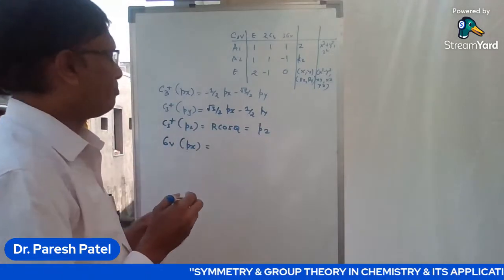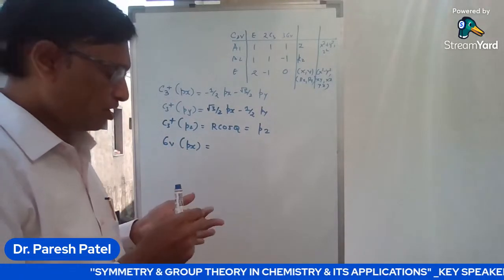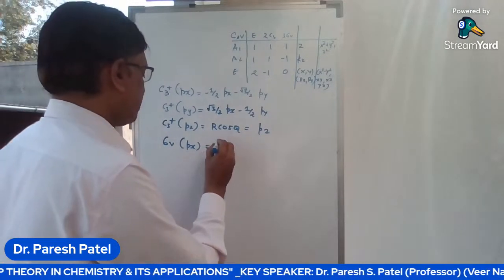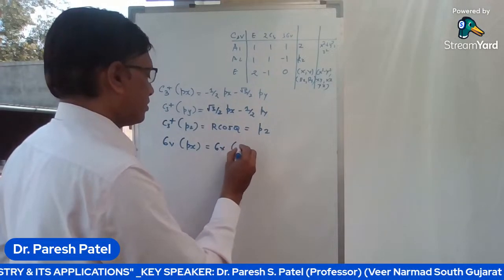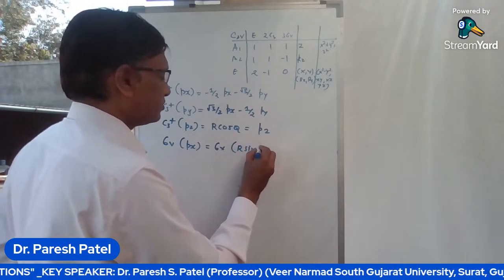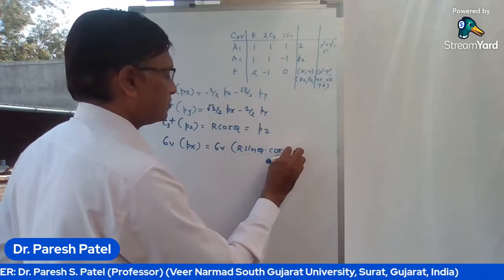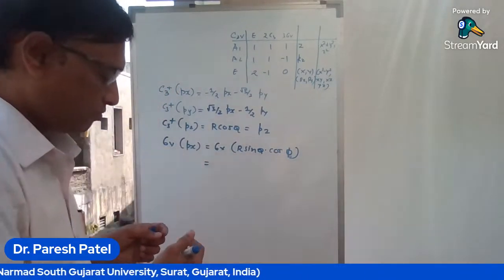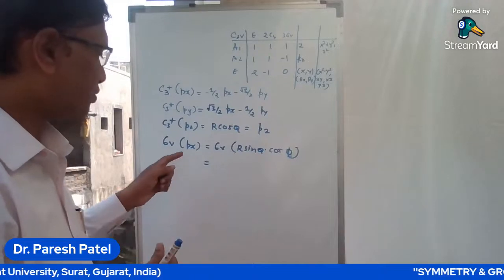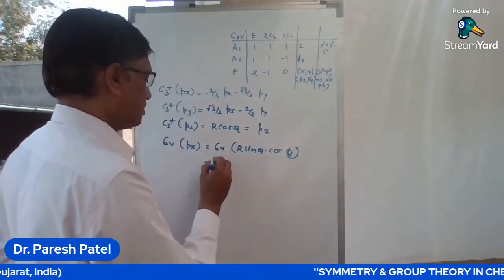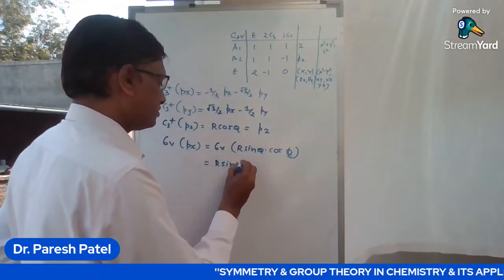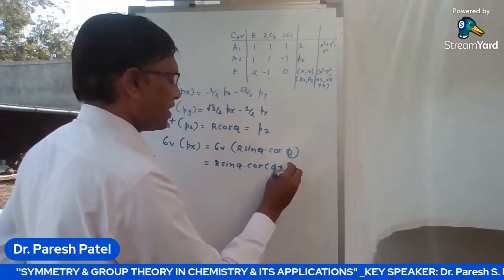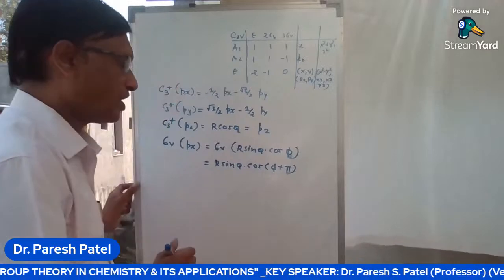Now in the case of px, the ammonia molecule consists of all three planes, such as the yz plane. So sigma v on r sine theta cos phi: here px is perpendicular to the yz plane. It means phi becomes phi plus pi, because reflection is always at 180.